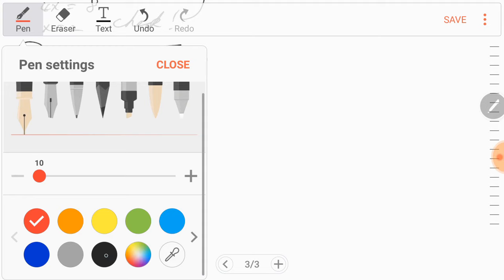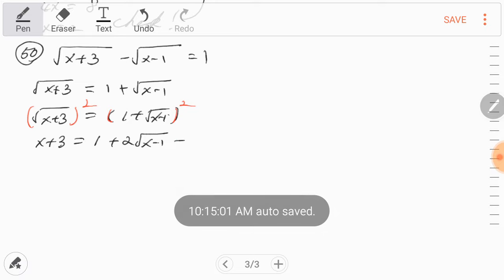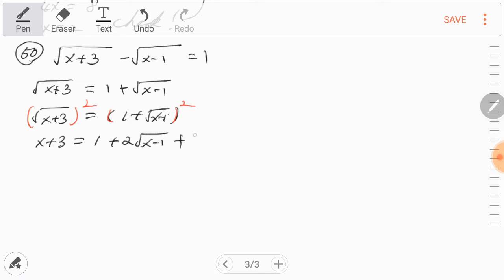Then x plus 3 is equal to a squared, which is 1, plus 2ab, 2 times 1 times square root of x minus 1, plus b squared, so x minus 1 squared. Then x plus 3 is equal to 1 plus 2 square root of x minus 1 plus x minus 1.